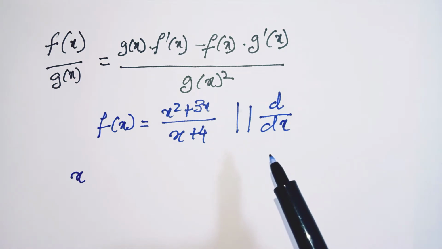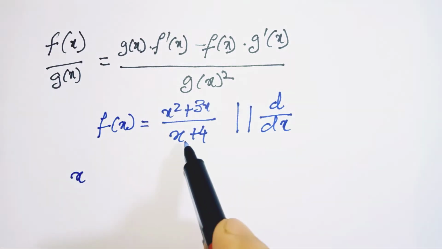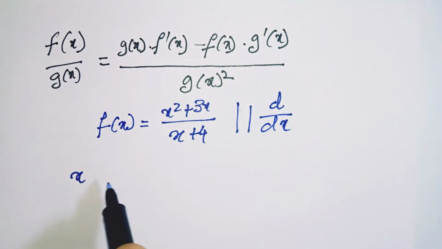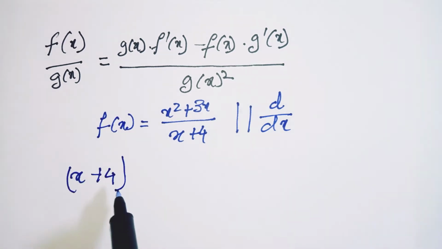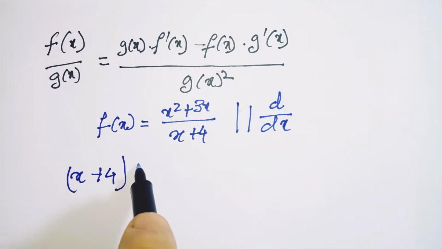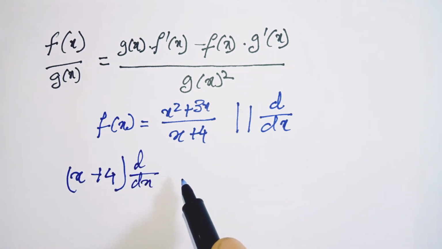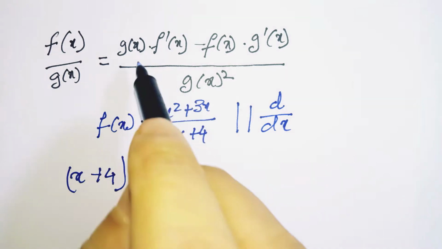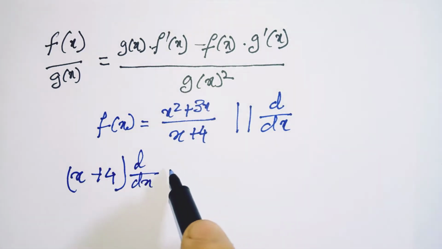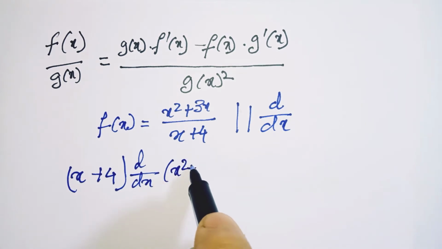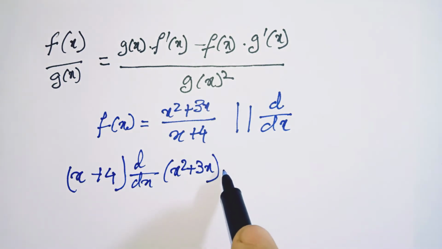Here you see that g of x is x plus 4. So automatically this would be written as x plus 4, and I put a brace to give you a better understanding, and I write d by dx. Then I take f, so the derivative of f would be the numerator: x squared plus 3x. Then we put a minus sign.